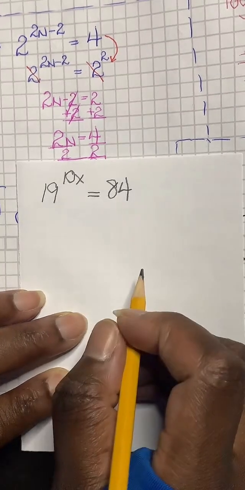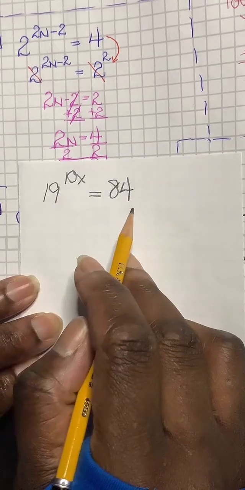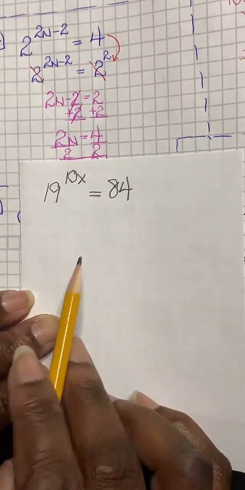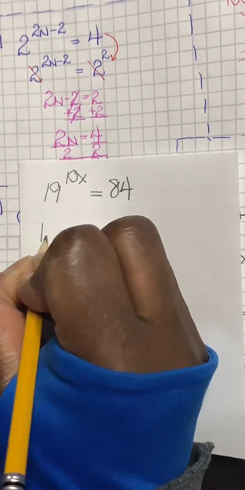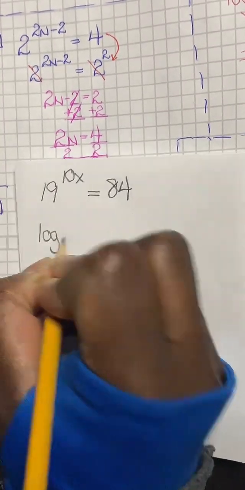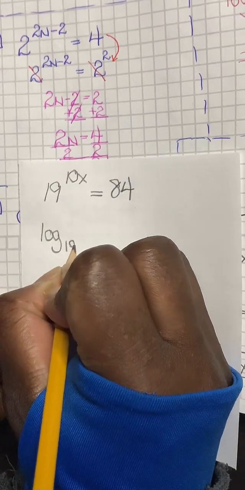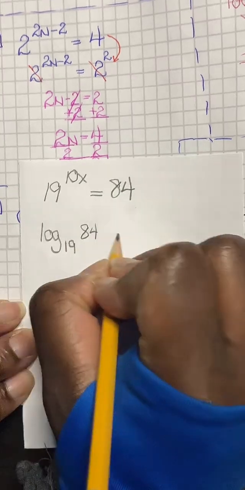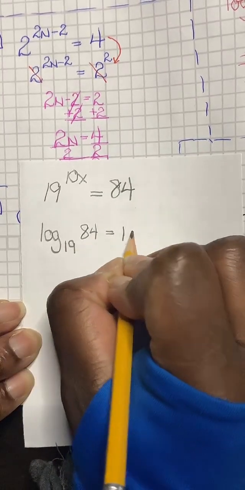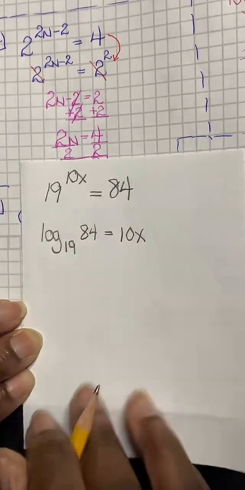Okay. All right, let's do it. So if I go from an exponential to a log, I'm going to have my log base 19. I'm going to have the result, which is 84. And it's going to equal my exponent, which is 10x.